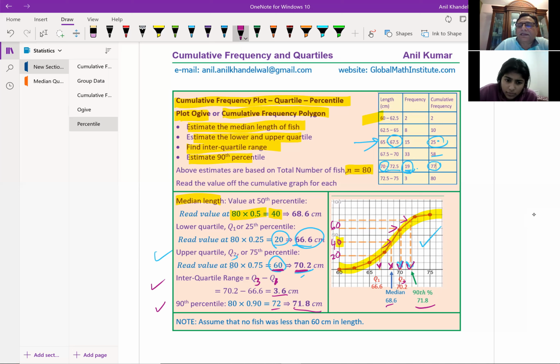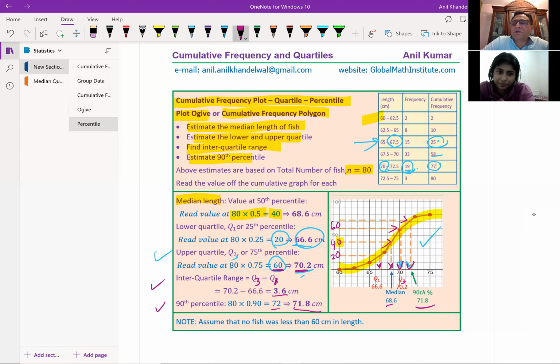So the 90th percentile is 71.8 for me. Is that clear to you? Yeah. So that is how you use the cumulative frequency graph to calculate all the quartiles and the percentiles. Do you understand? It's so easy when you know how to actually do it, isn't it?